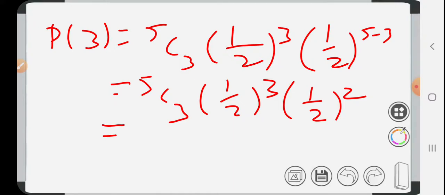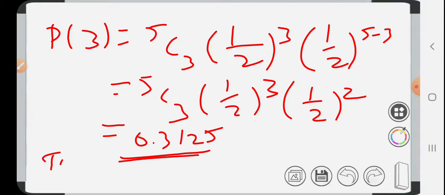The answer you have to find. Just do the calculation and tell me the answer. So your answer is 0.3125. Right? This is for one family. Whatever answer we get, it is for one family.